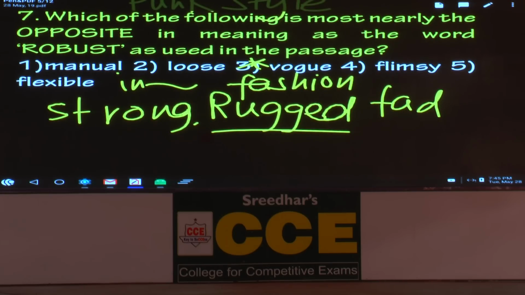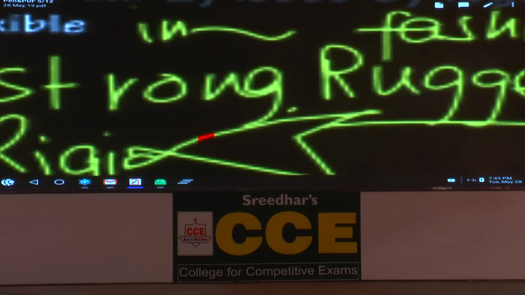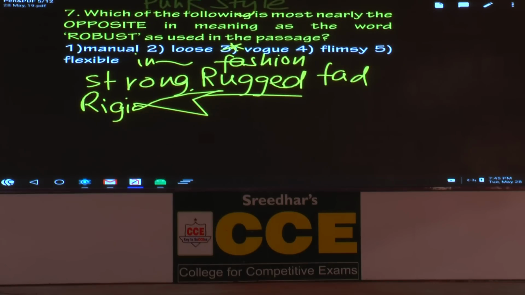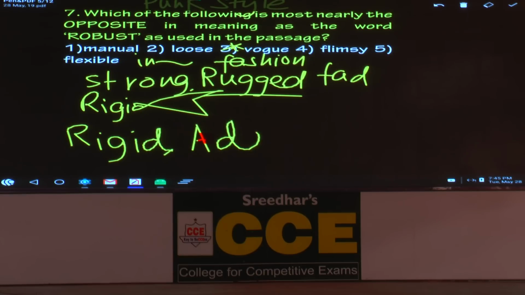Don't consider that one. What is the last word? Flexible. But flexible, what is opposite? Rigid. Write the word rigid. You could write words like rigid. First you write the word rigid. Then you write the word adamant.